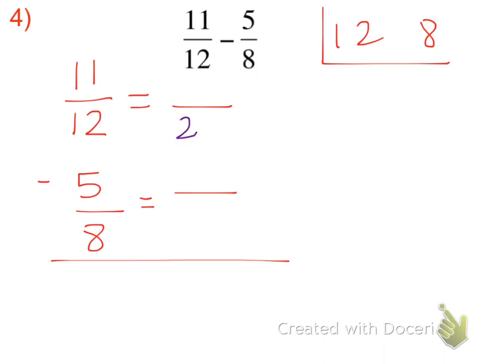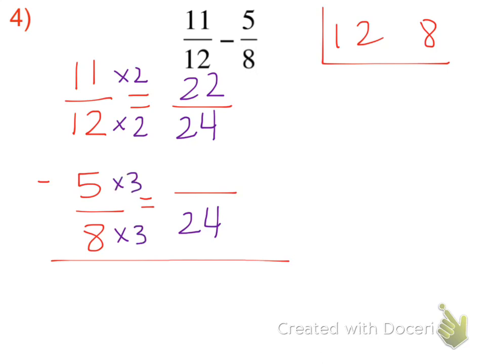Hopefully you're back with us and you got 24 as our common denominator. That's our least common multiple of 12 and 8. So we multiply 12 by 2. So we multiply the numerator by 2. Down here I do 8 times 3. So multiply the top by 3.